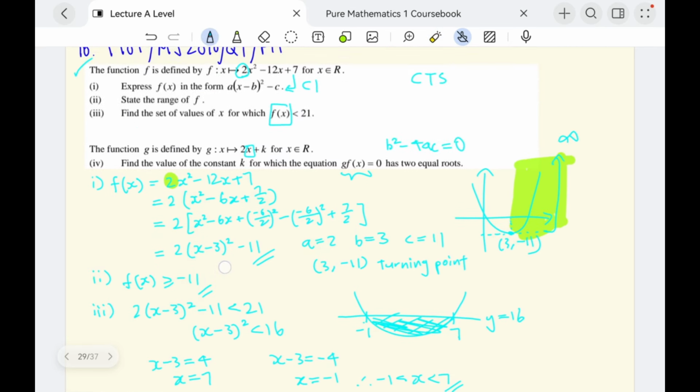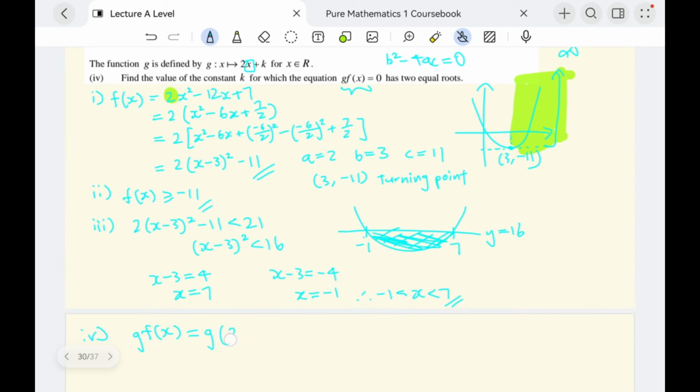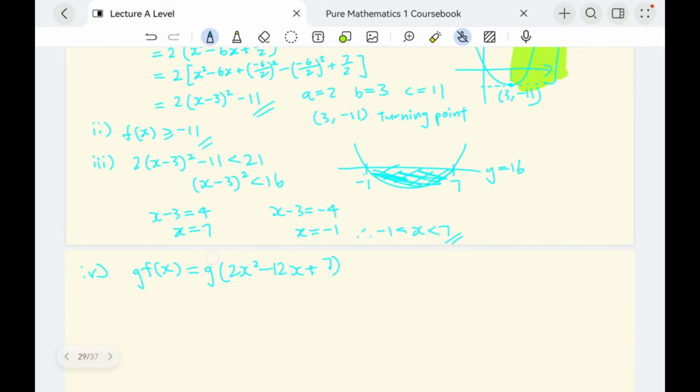And let's substitute f(x) as the original equation, which is the general form of this quadratic function. And your g(x) is 2x plus k. Just substitute inside here. Here is your x and plus k. Expand inside. Be careful, make sure not to make a careless mistake.